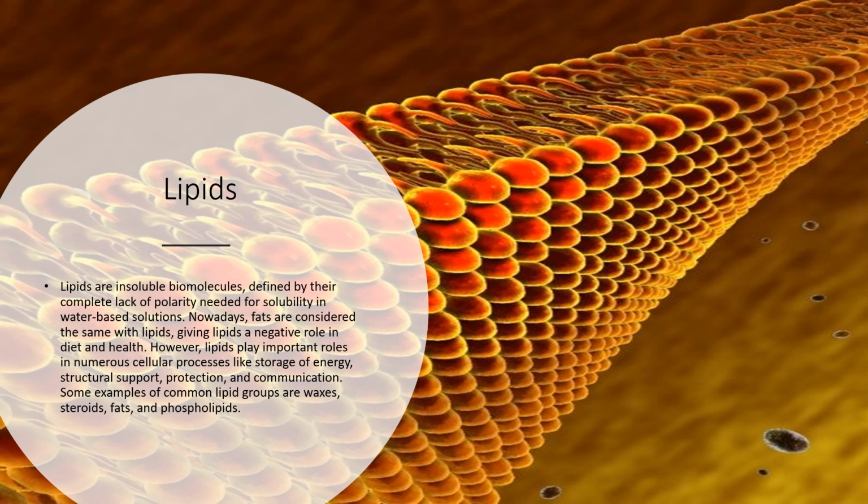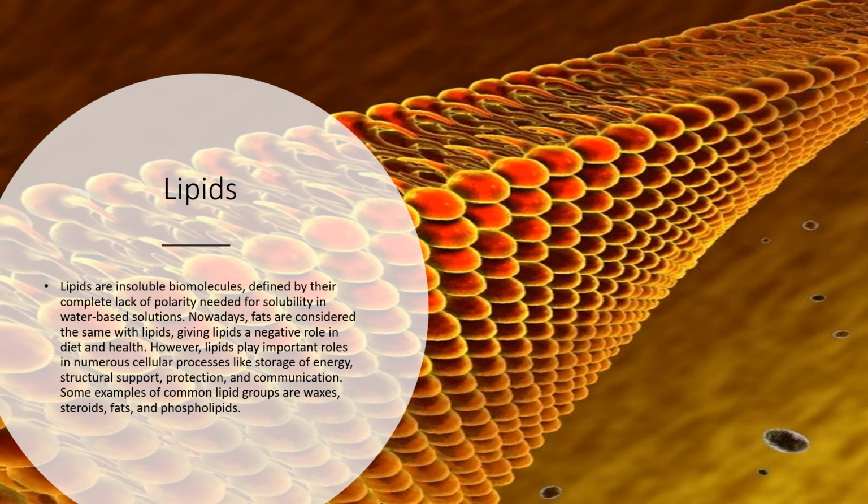The next biomolecule that we are going to look at is lipids. Lipids are insoluble biomolecules defined by their complete lack of polarity needed for solubility in water-based solutions. Nowadays, fats are considered the same as lipids, giving lipids a negative role in diet and health.